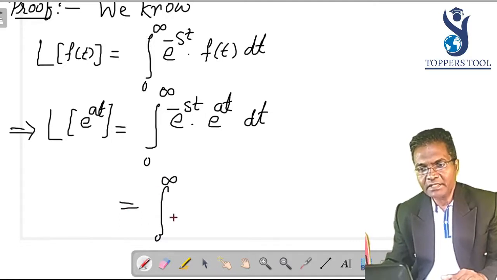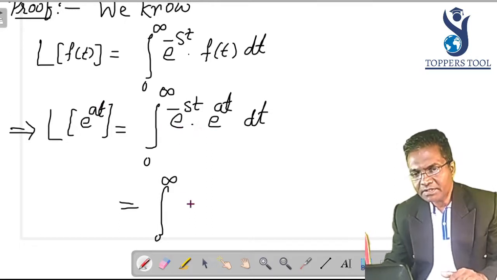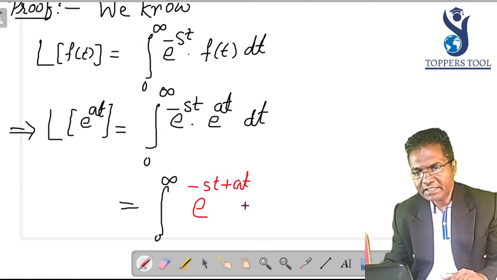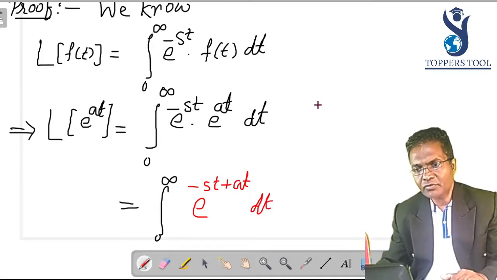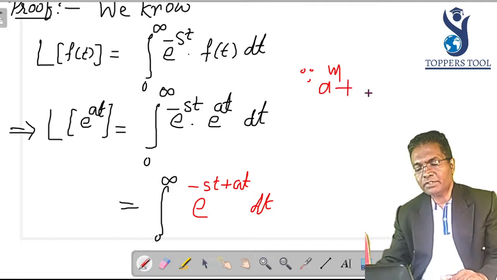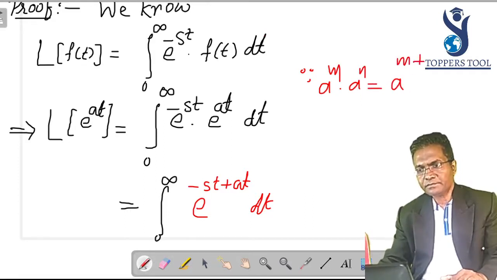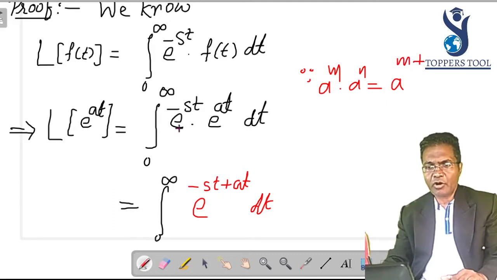0 to infinity, by the law of indices, I can keep this common base as e, and it is minus st plus at dt. Okay, you know this. a power m into a power n can be written as a power m plus n. So likewise you have a common base here.